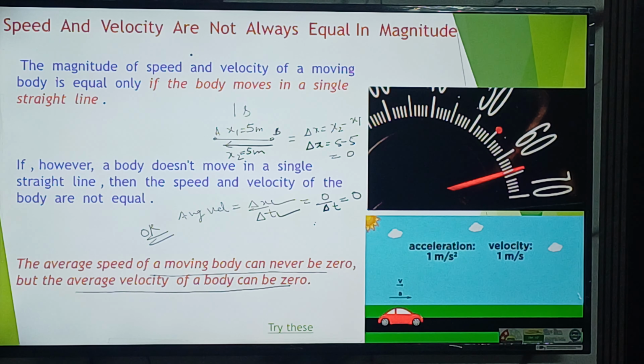And after returning from B to A, again the time is 1 second. So what will be t2 minus t1? T2 minus t1 will be 1 minus 1, which is equal to 0. So here it will be 0 upon 0, which is equal to 0.